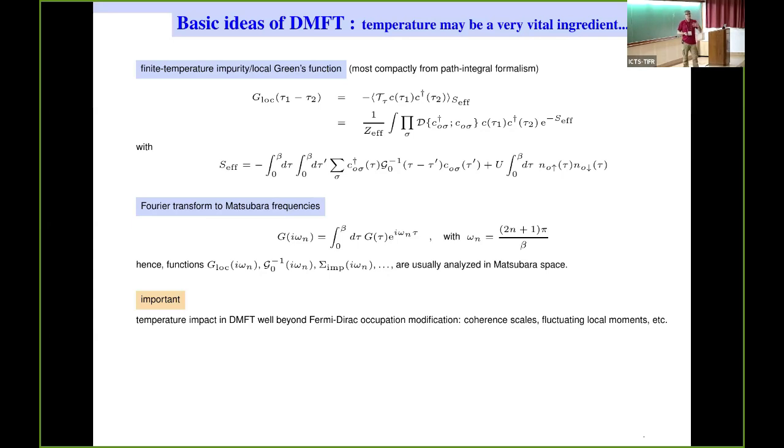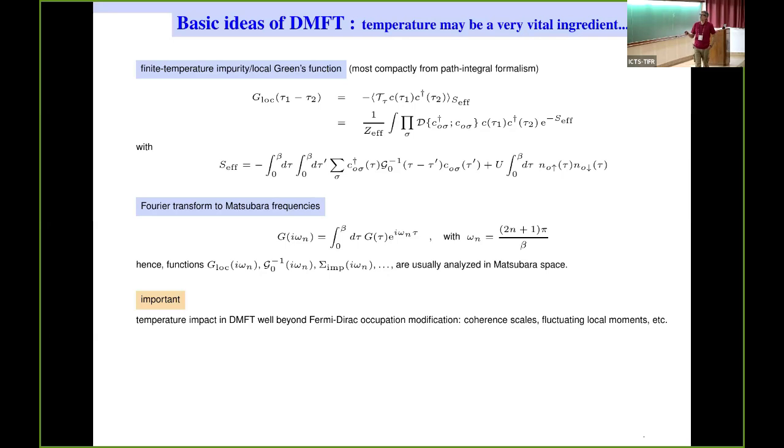So all this is naturally also included in DMFT when we do temperature-dependent calculation, because the temperature is a very vital, natural ingredient usually in a DMFT calculation. Of course, you can restrict it to T equal to 0 also if you like that, but quite naturally, especially if you do quantum Monte Carlo for this impurity solution, you naturally have a temperature in your system.